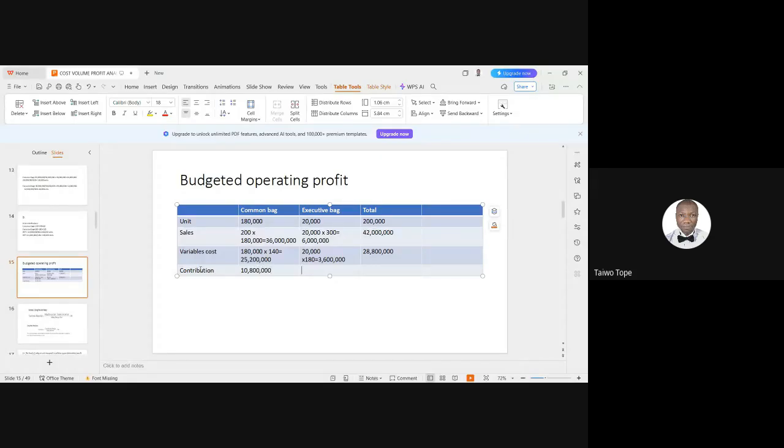And for executive bag, it will be 2,400,000. The total will be 13,200,000.